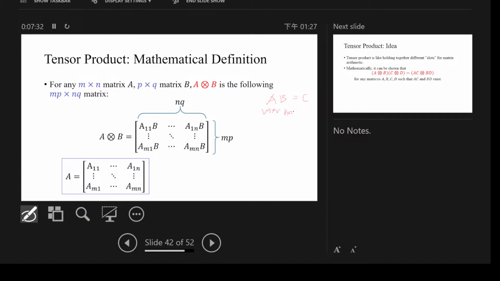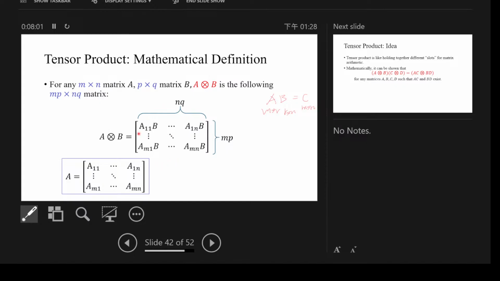Then this will be n by n. Okay, but tensor product is quite a crazy definition. You have any n by m A and p by q B, then you can get an np by mq matrix. And look at this. So you multiply together the row dimensions and multiply together the column dimensions.